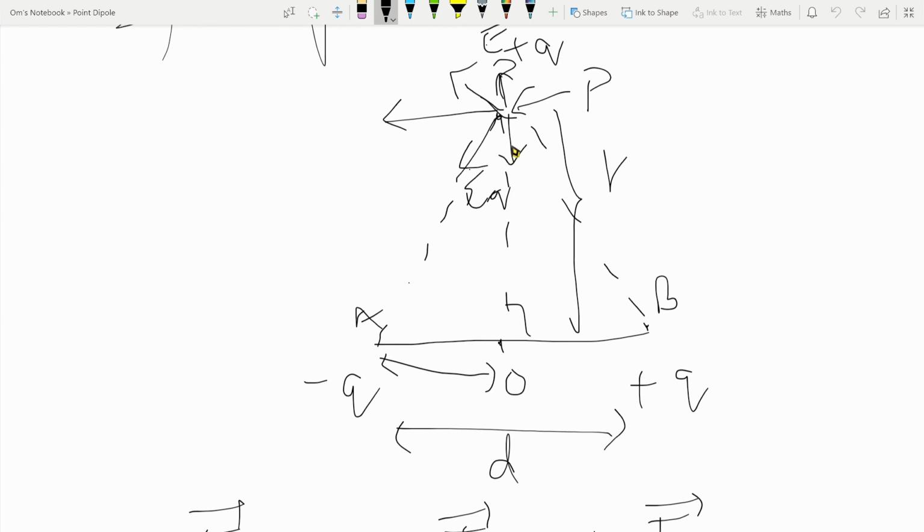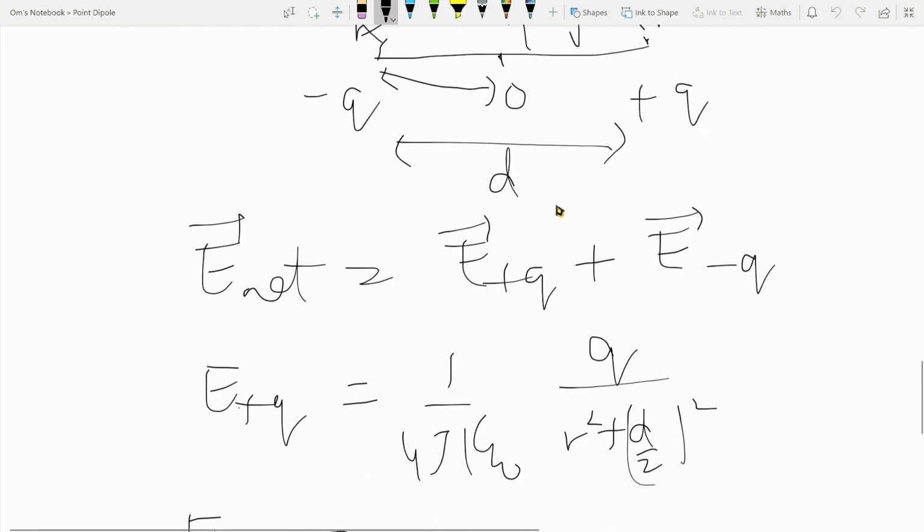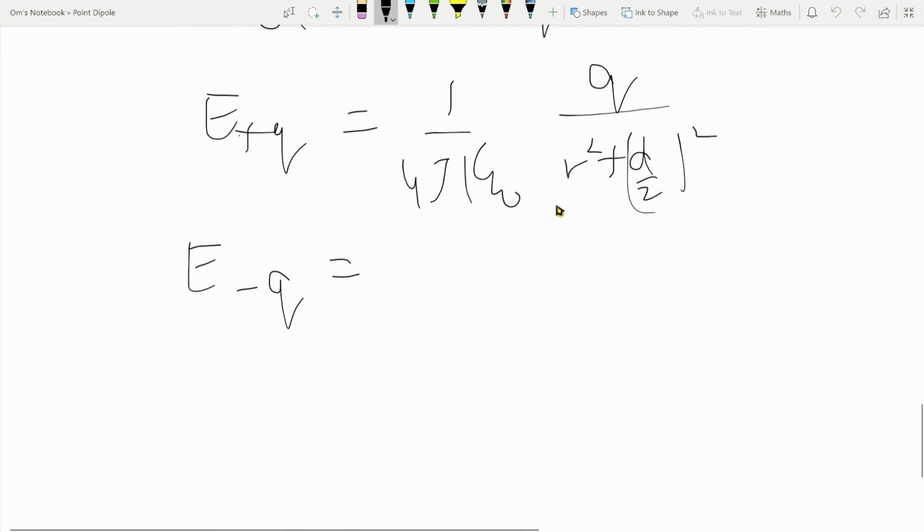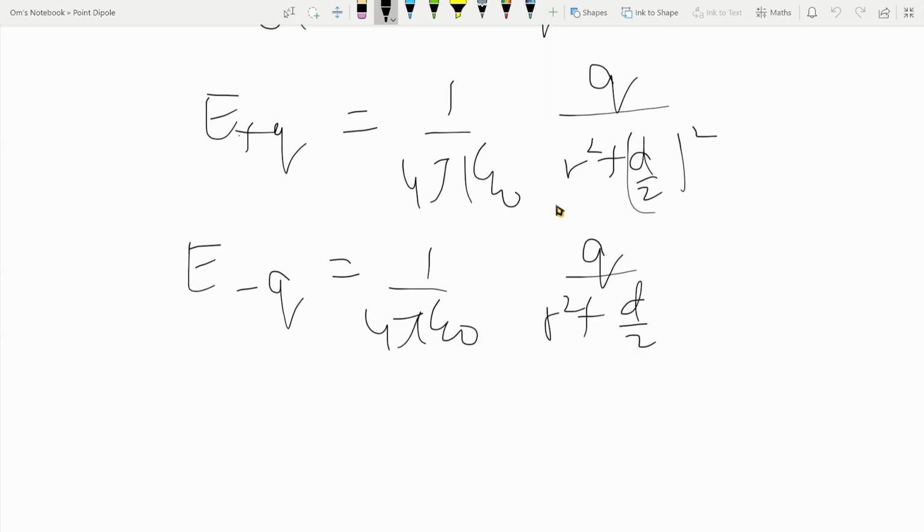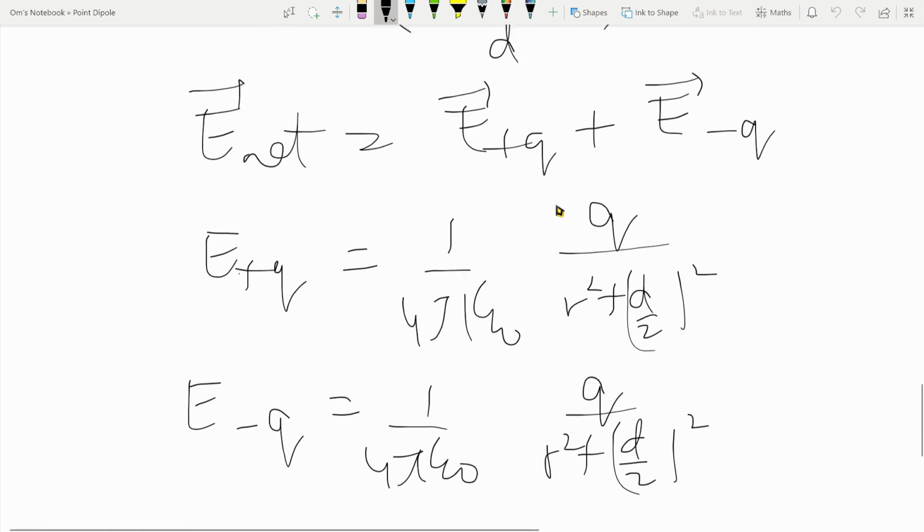So when you take the distance, suppose AP, you'll find that the distance is the same and the magnitude is therefore the same as well. So we find that it's 1 by 4 pi epsilon naught q by r square plus d by 2 the whole square. But they don't point in the same direction, so we can't simply just add or subtract.